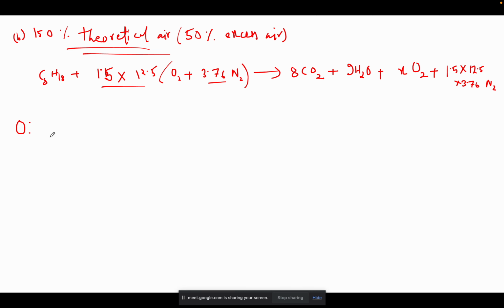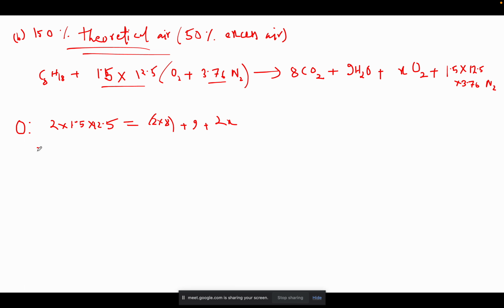value. Okay, so for the oxygen this is 2 into 1.5 into 12.5. This is the left hand side part of the oxygen. This will be equal to 2 into 8, and this will be plus 9 plus 2x.